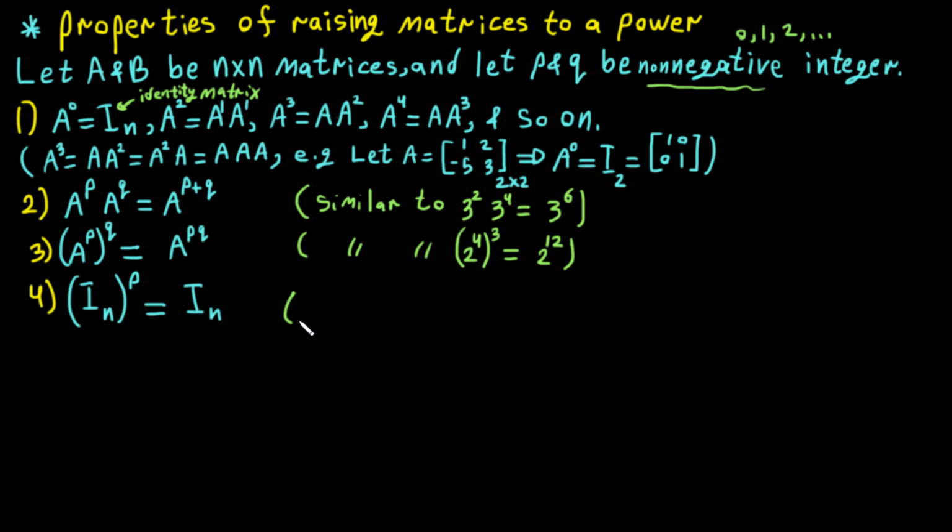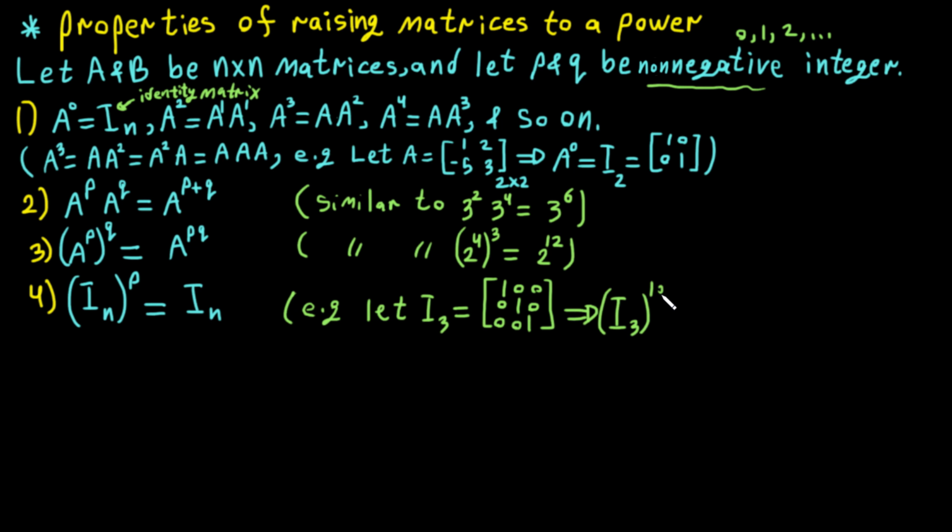For example, let I3 be 1 0 0, 0 1 0, 0 0 1. Then I3 to the power 10 is equal to the same matrix.